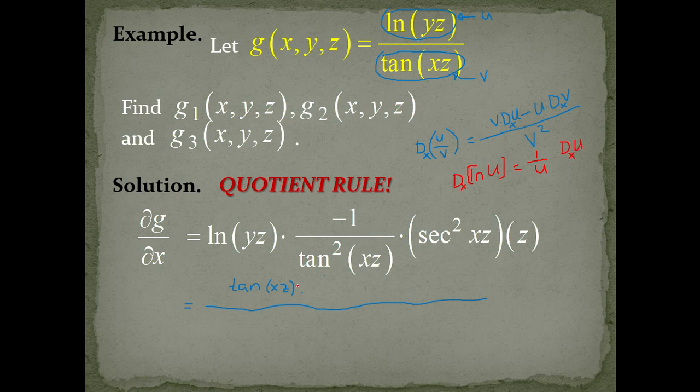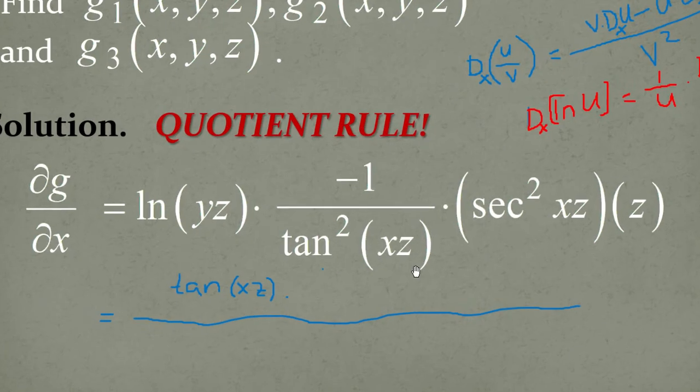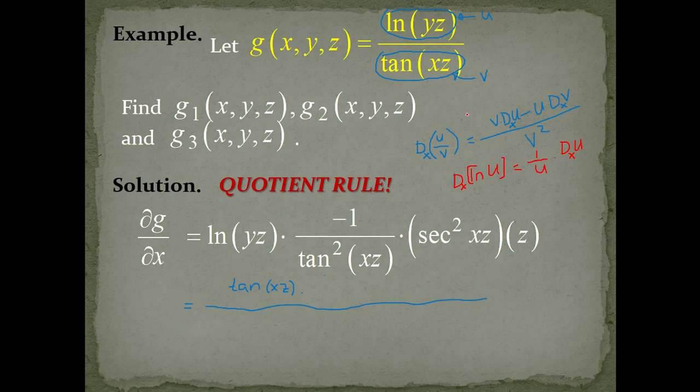So the proper solution here is v du, from the formula v du x. V is this one, so you just copy that, then times the derivative of u, where u is ln yz, so the derivative of ln yz with respect to x.